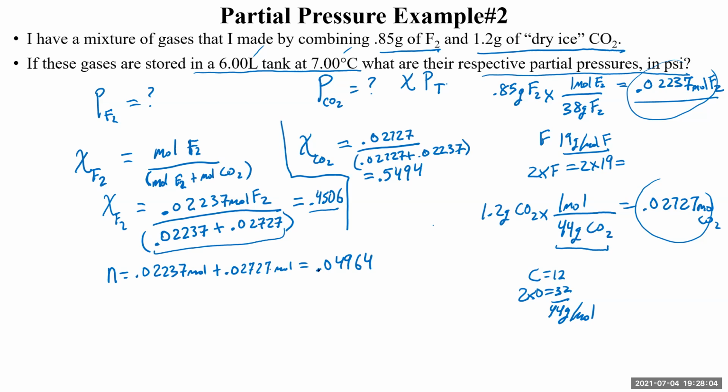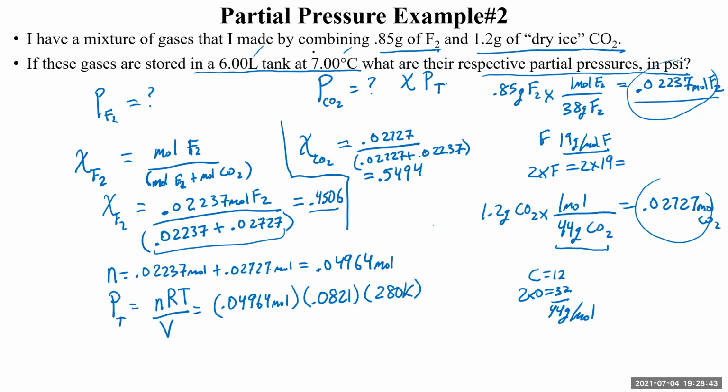So if I want to solve for total pressure, PT is going to equal the pressure from all of the moles of gas. In other words, both of these moles of gas. So PT is going to equal N times R times T divided by V, which is going to equal 0.04964 moles, that's both of them put together, times 0.0821 multiplied by our temperature, which is 280 Kelvin.